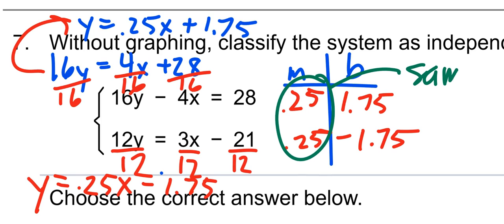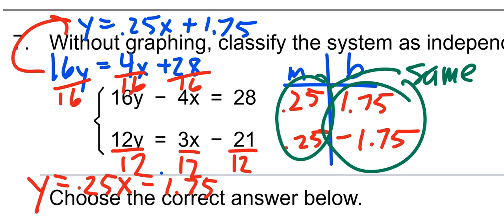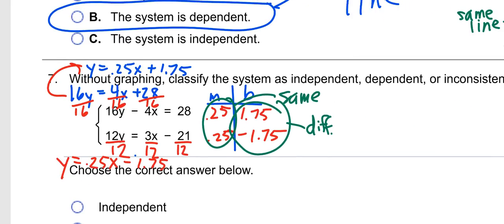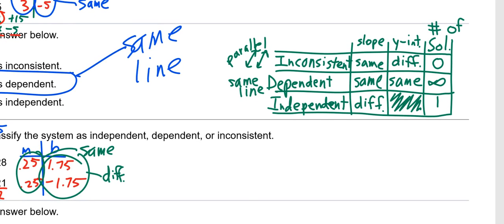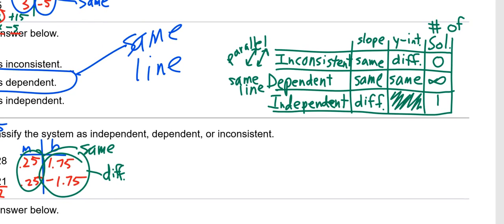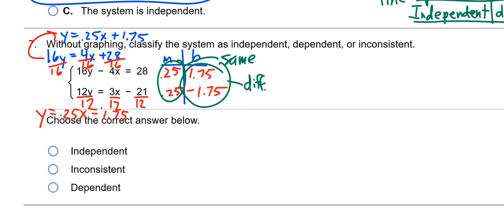Same. What do we know about the y-intercepts? They're different. Which kind of system is that? That's inconsistent, right? Those are parallel lines. You need to be able to use the slopes and the y-intercepts to determine that.